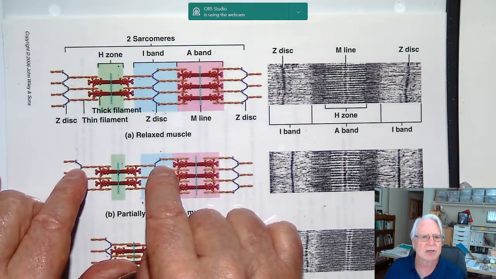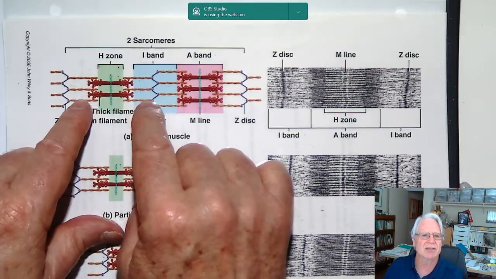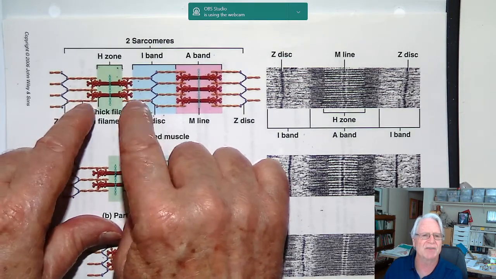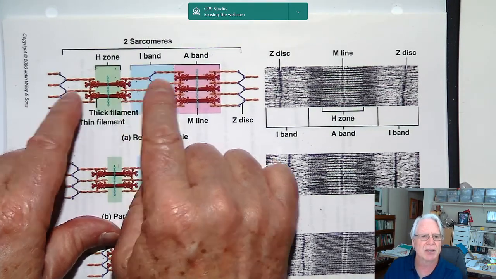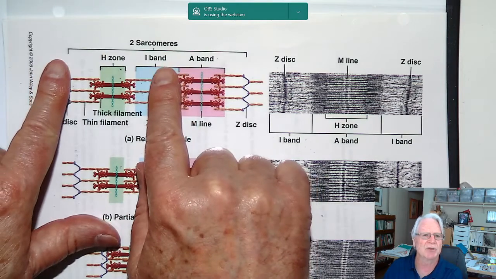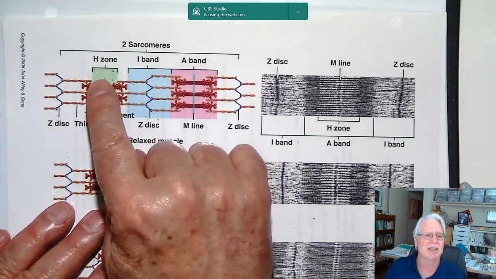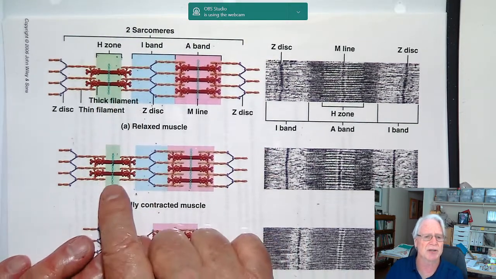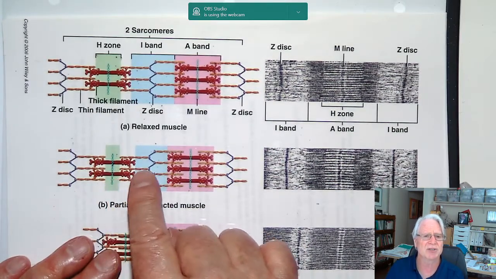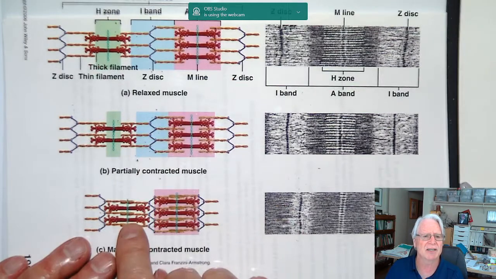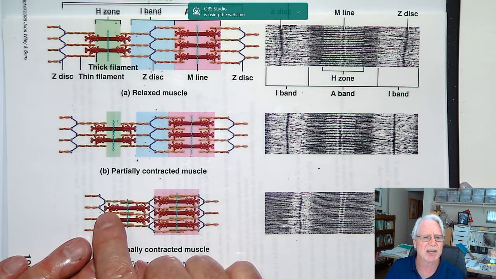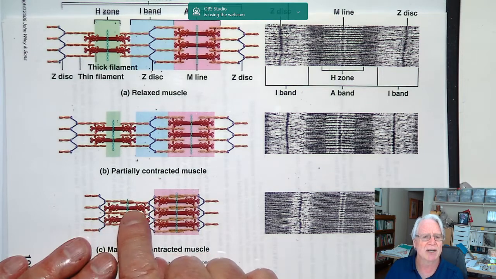Because when we start contracting, there's going to be a sliding of the thin filaments towards the center, and the Z disc will be moving towards the center. The I band and the H band will start disappearing. You see it getting smaller and smaller here, and finally neither of them is present, because now we have complete overlap of the thick and thin filaments.